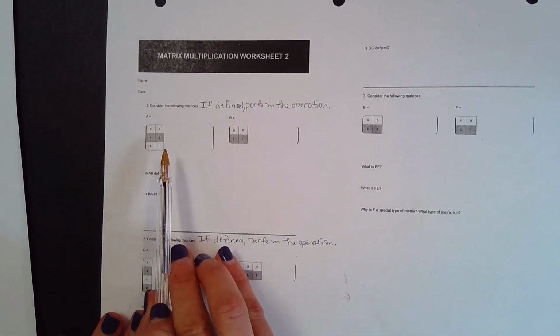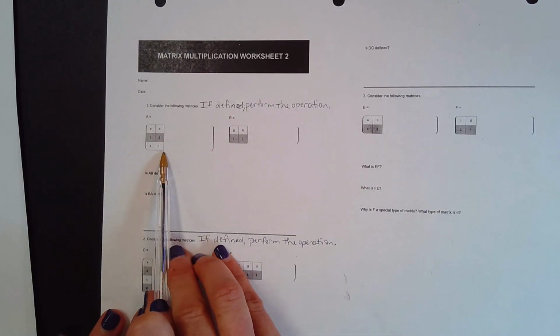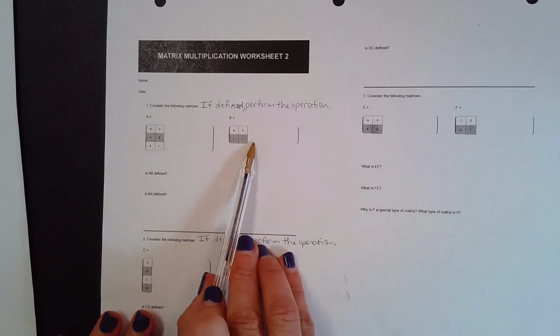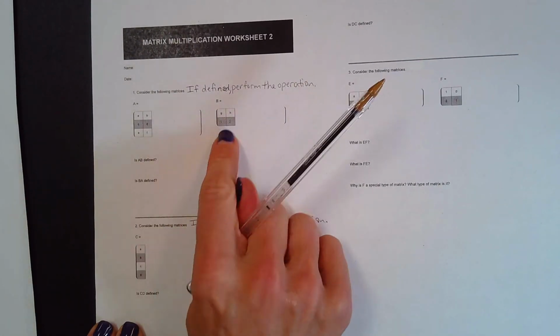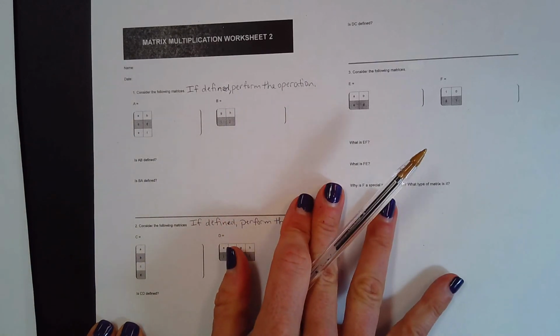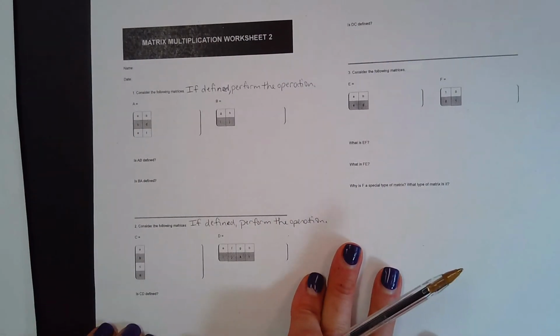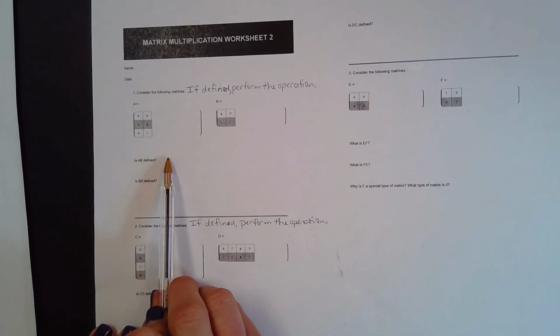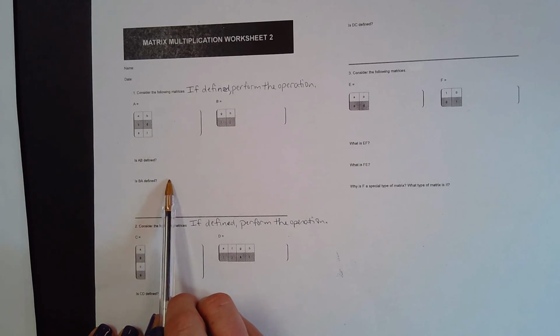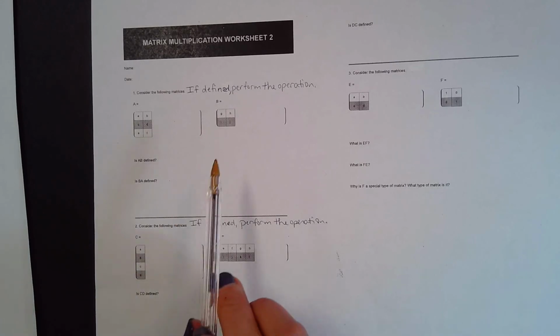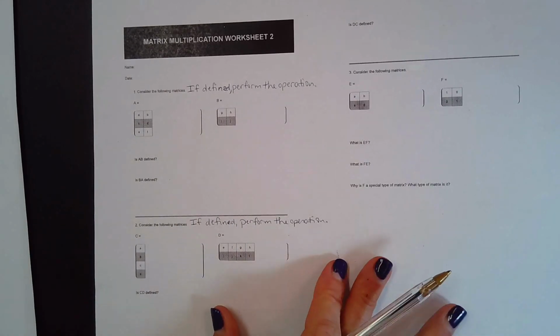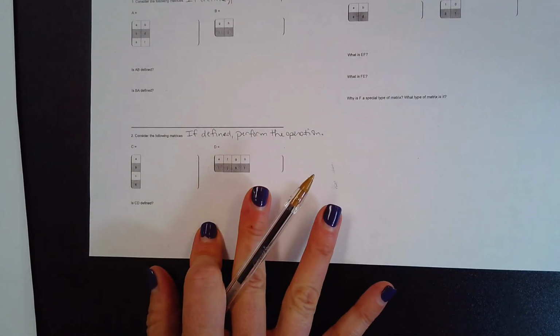You're given a matrix A and a matrix B. This is not for the calculator because they're letter values. Miss Stone has this sheet and she'll hand it to you. You're just going to answer if it's defined or not, and if it is defined, perform the operation. You're going to do that for 1 and 2.